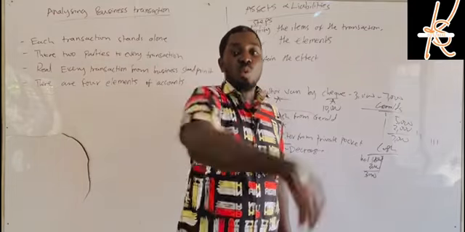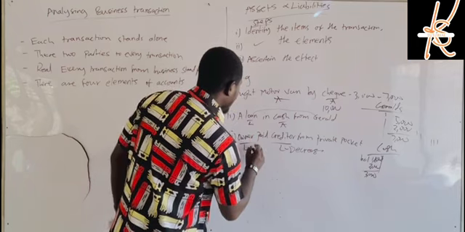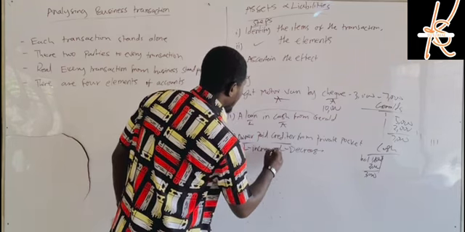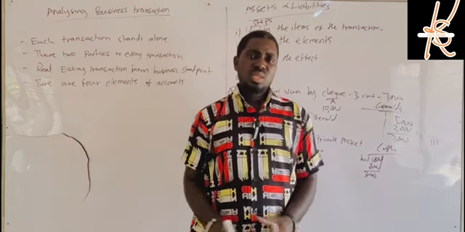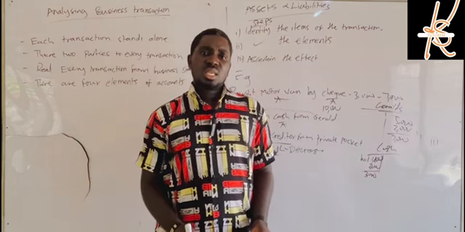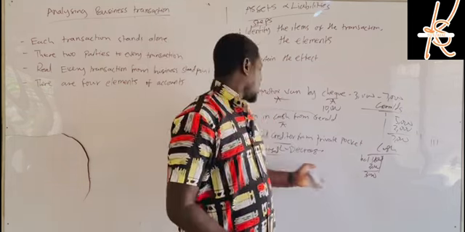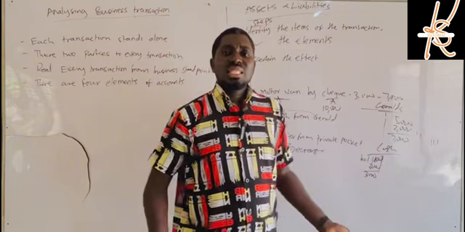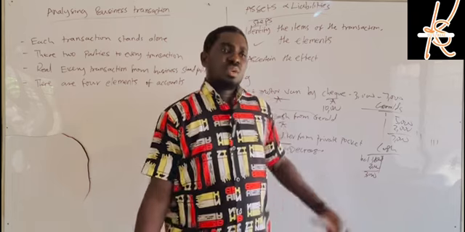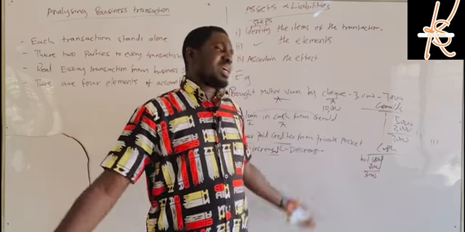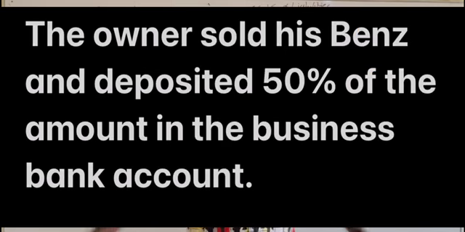So this one also has increased. Do we understand? The owner has added more by paying someone off. So it has reduced our total number of creditors by paying some off. So our creditors have reduced, our liability has reduced, while our capital liability has increased.